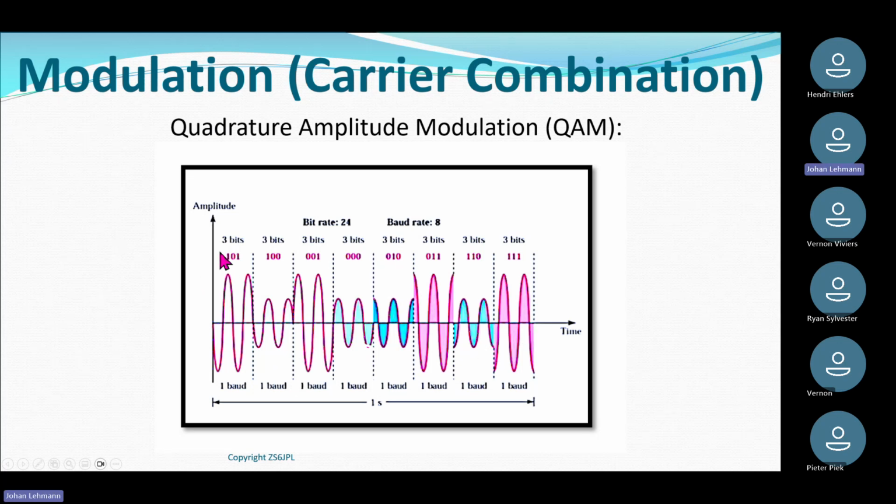In other words, if my digital data is represented by these digits, I will have my normal carrier. If one of those digits changes, and you can work this pattern out yourself, you'll see if the last pattern changes, the amplitude halves.